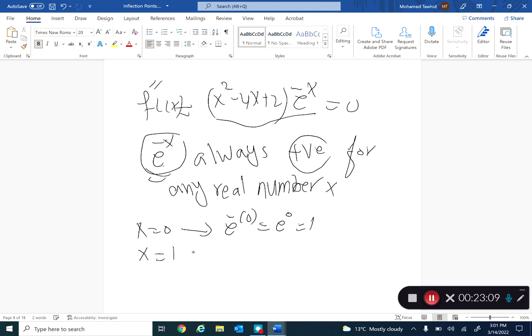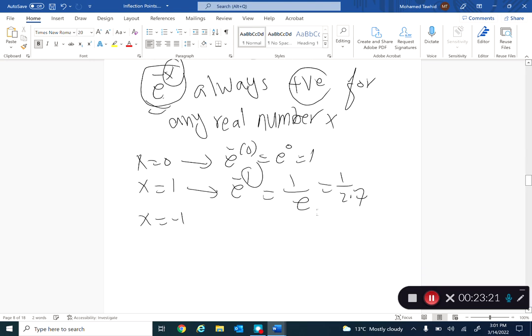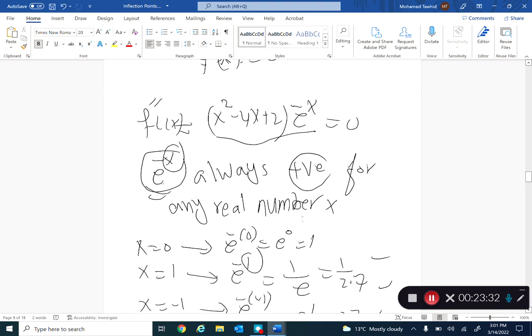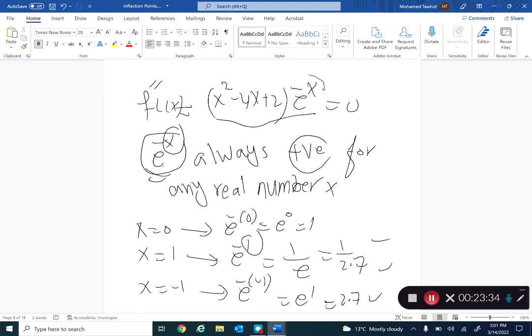You take x equal 1, you have e to the power negative 1, which is 1 over e, which is 1 over 2.7, positive. When you take x equal negative 1, you have e to the power 1, which is 2.7, positive. So any exponential term here is always positive. So this one is positive non-zero, so this bracket must be 0.